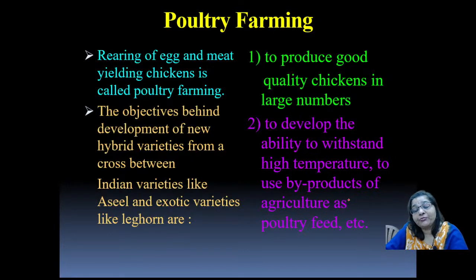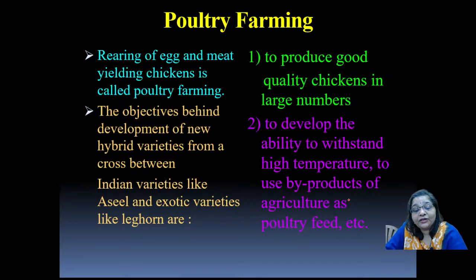So of course, crossbreeds are in the market nowadays, wherein Indian varieties are bred with exotic varieties. The Asil is bred with the Leghorns to produce good quality chickens, and this objective is being fulfilled nowadays.